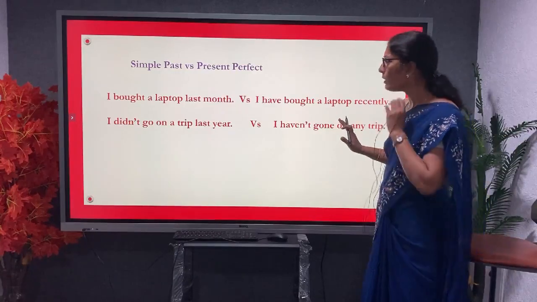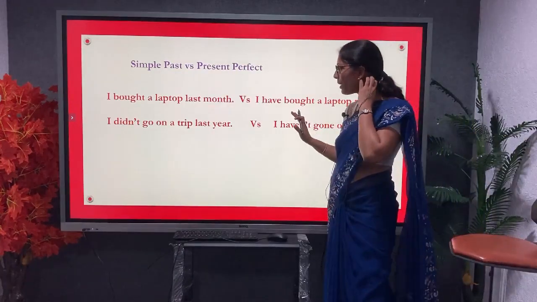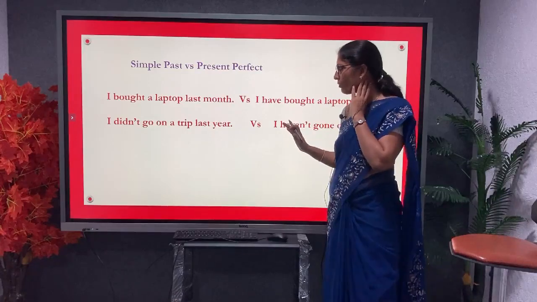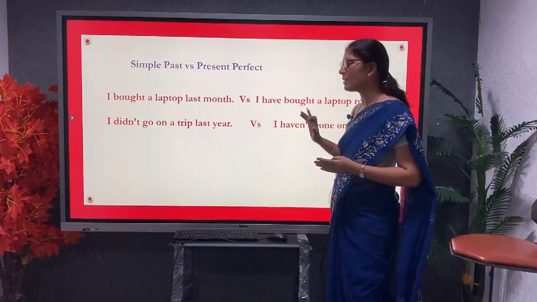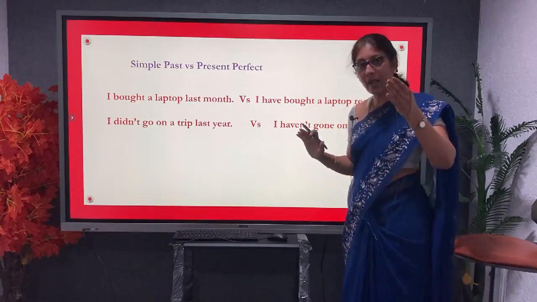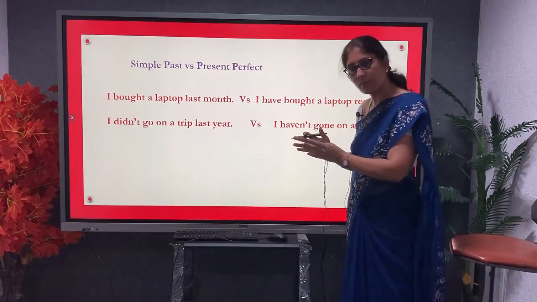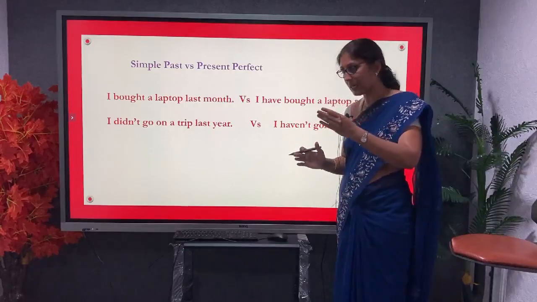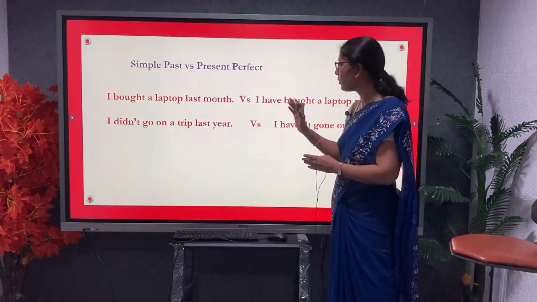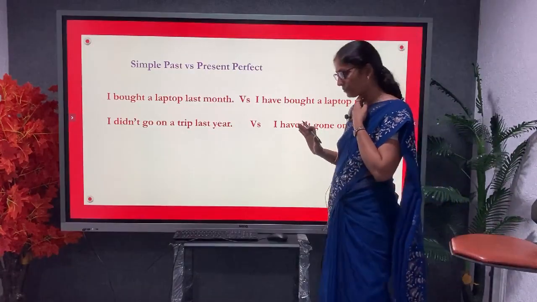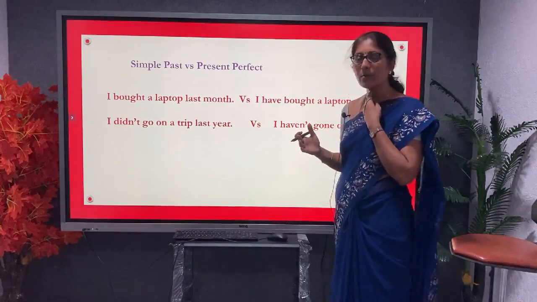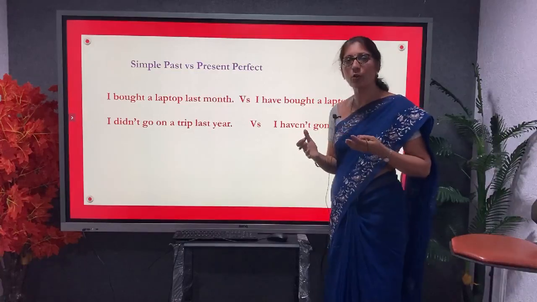So this present perfect tense, many of you may get a doubt. How much action can we consider to indicate present perfect? When your action is related to the present, or when the result can be seen in the present, you can use present perfect. Suppose you visit Tirupati, right?